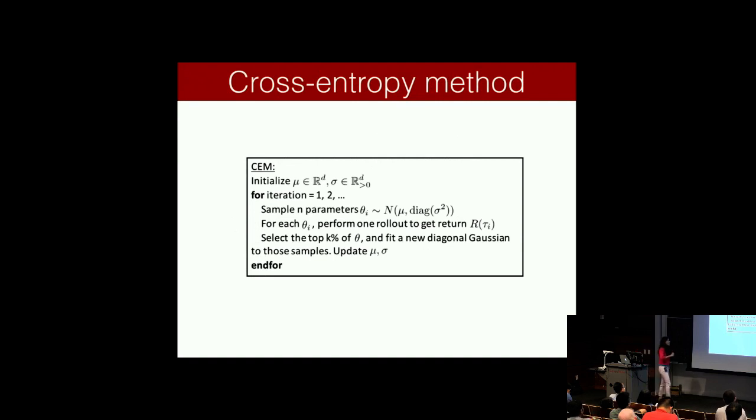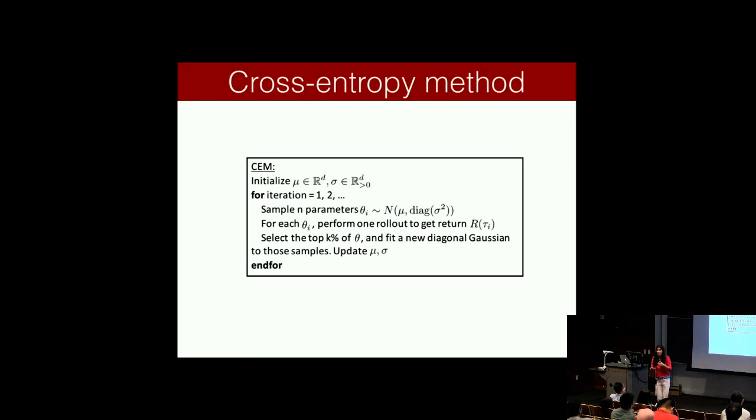Imagine that we have d-dimensional parameters of our policy network, and we describe them with a Gaussian that has a mean mu and some constant standard deviation. It's an isotropic Gaussian and the sigma is fixed, so the only thing we'll update is the mu. First we initialize mu, then we sample different parameters from it. For each of those parameters we evaluate its fitness.